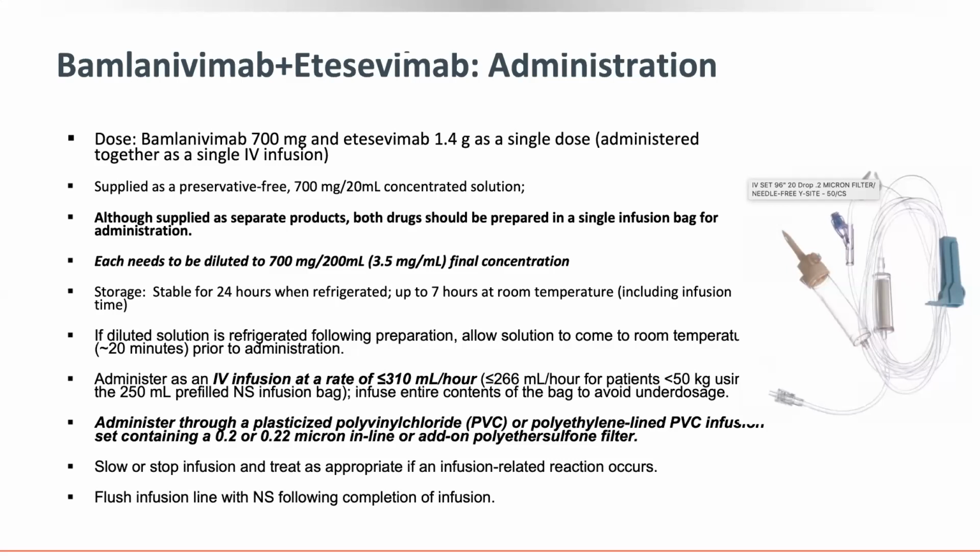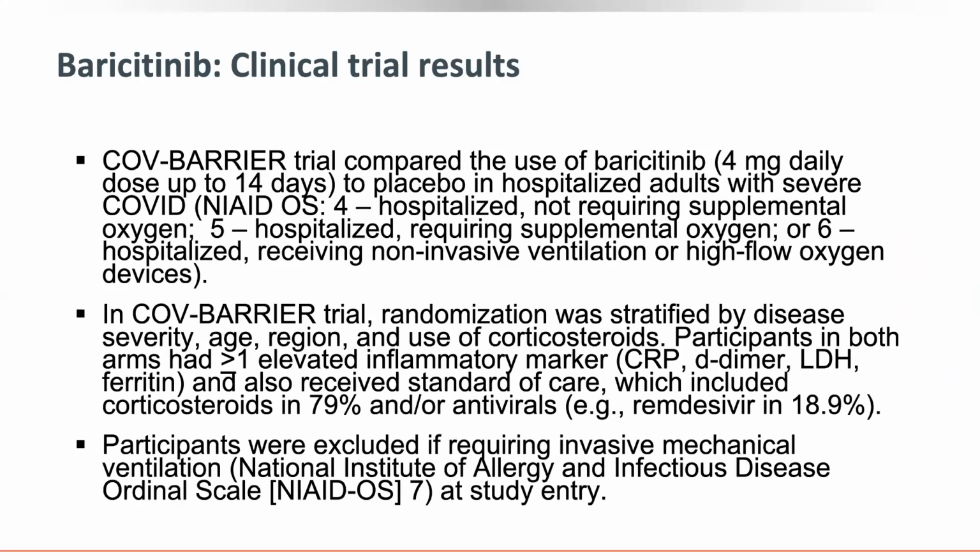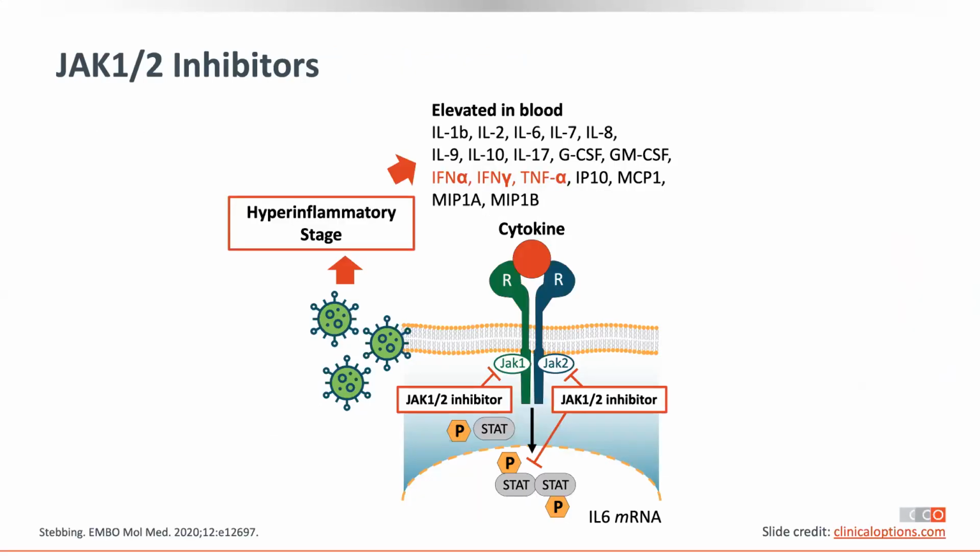We also wanted to discuss with you colleagues the JAK1 and JAK2 inhibitors. Again, the beauty about these inhibitors is that they block the pro-inflammatory cycle before you have activation of the various interleukins.